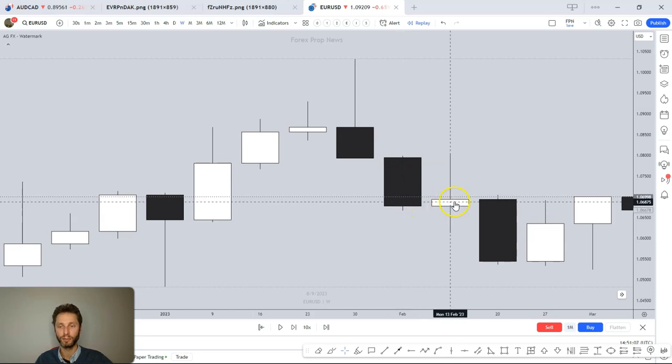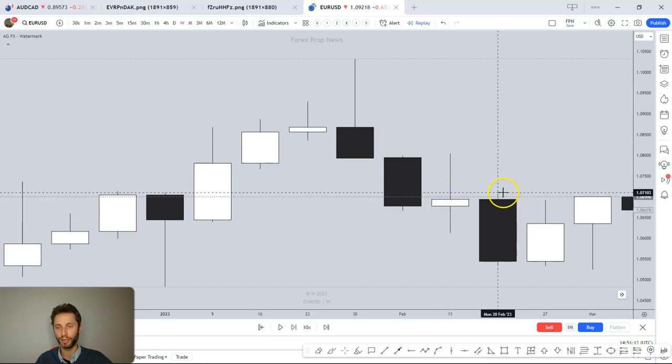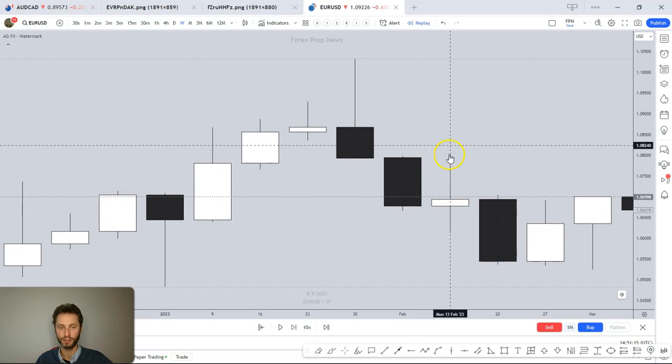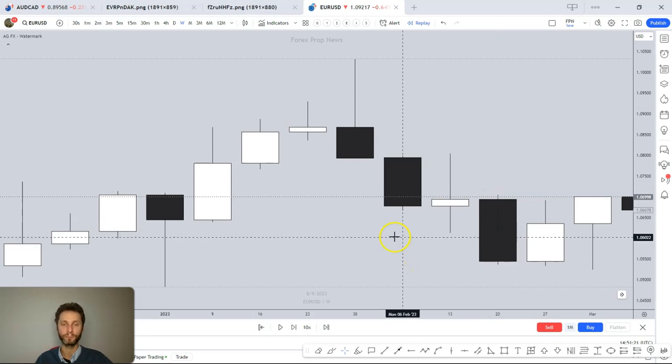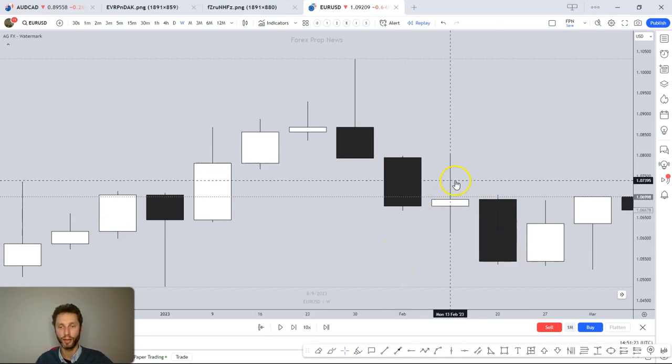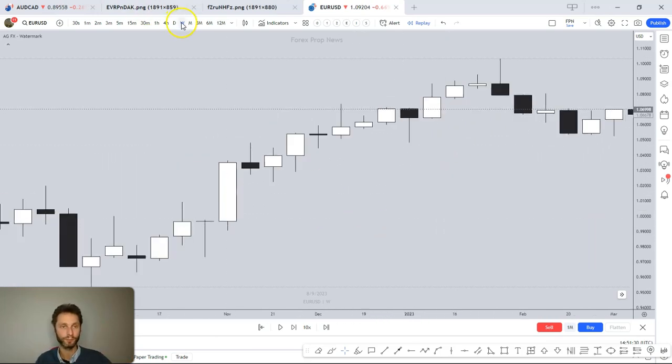In this case, we moved lower first, went higher, and then closed. And then the next day we continued again. So this may not be the same. And then this day we made a little tiny wick here and then continued lower. So we want to capture that wick on the higher time frame, and on the lower time frame get our entry.